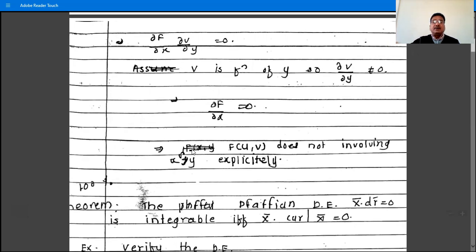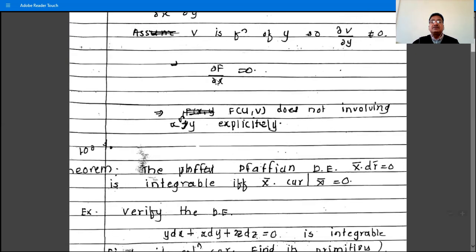So we say that f(u,v) does not involve either x or y explicitly.